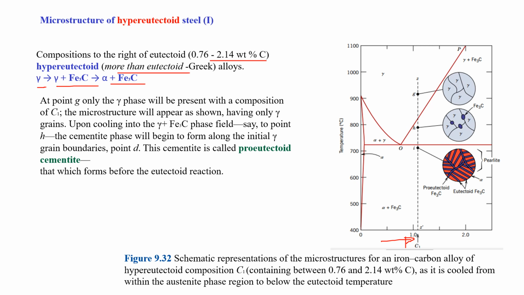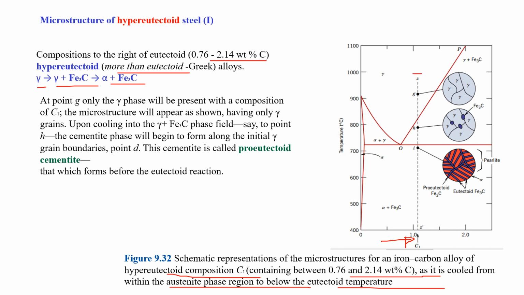This figure has been taken from the book of engineering materials written by Callister. It is a schematic representation of the microstructure of an iron carbide alloy of hypereutectoid composition C1, containing between 0.76 and 2.14 weight percent carbon, as it is cooled within the austenite phase region to below the eutectoid temperature.